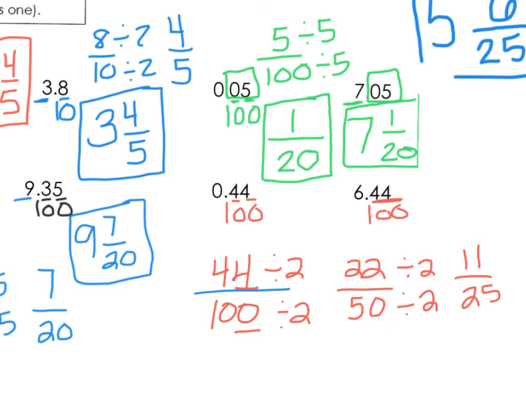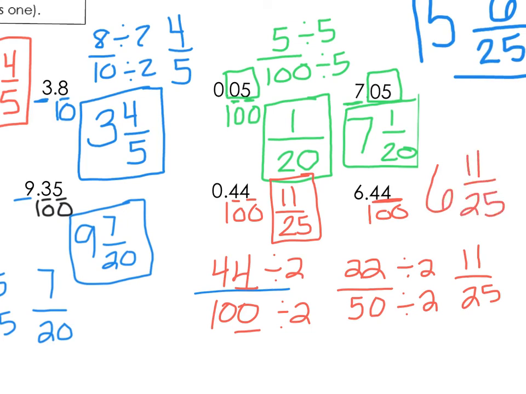Okay, I cannot simplify anymore, so 11 over 25 is my most simplified fraction. So for 44 hundredths, my answer would just be 11 over 25. For 6 and 44 hundredths, my answer would be 6 and 11 over 25.